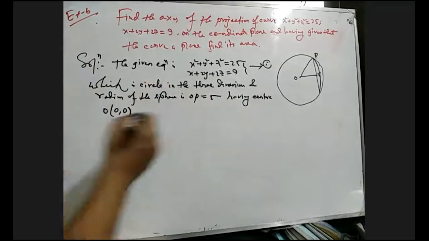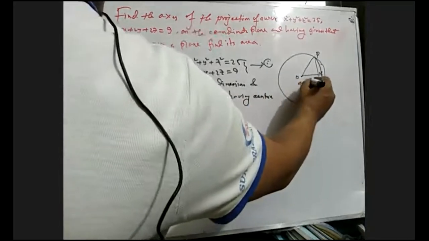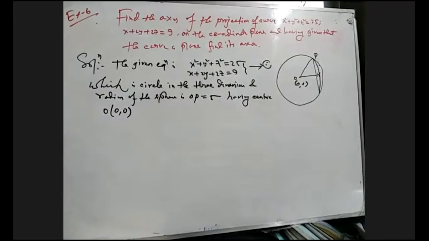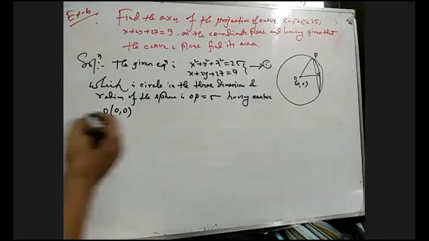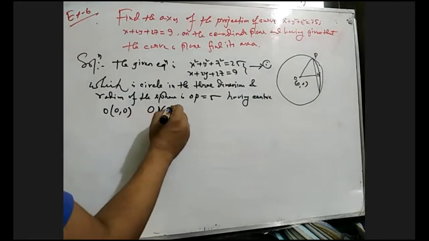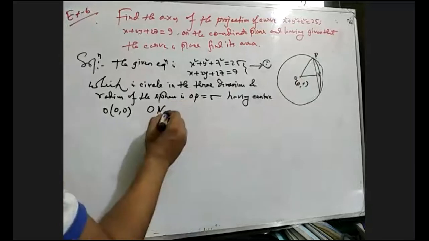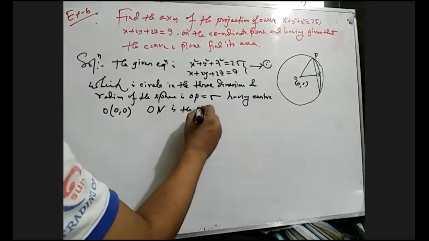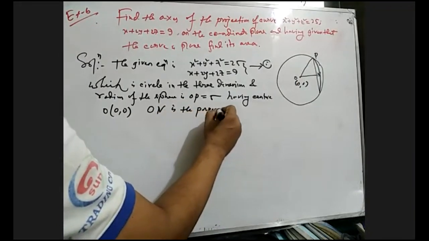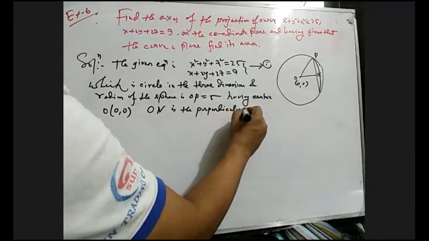From the figure, this is the center, the origin of the sphere. What is the perpendicular distance from the plane? Here, what is the perpendicular distance?